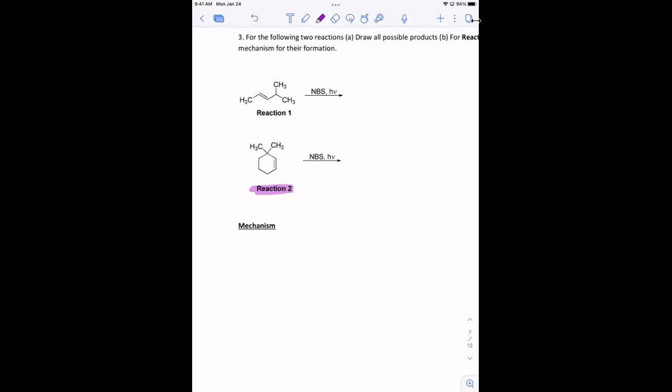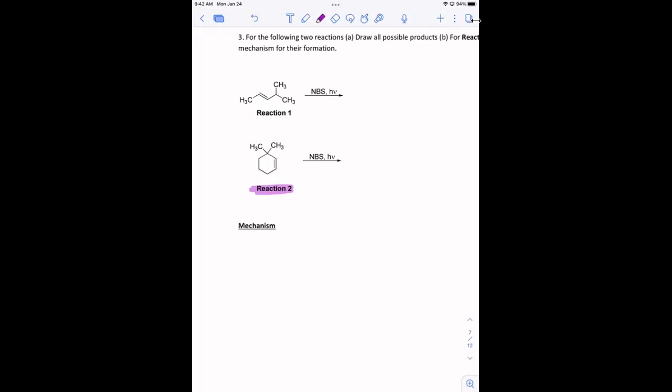The propagation step is very important, because you can't terminate with bromine until you get through the propagation step. So what do you absolutely need in propagation at the allylic site in order for this reaction to happen? A radical. You need to be able to make a radical. That's exactly right.